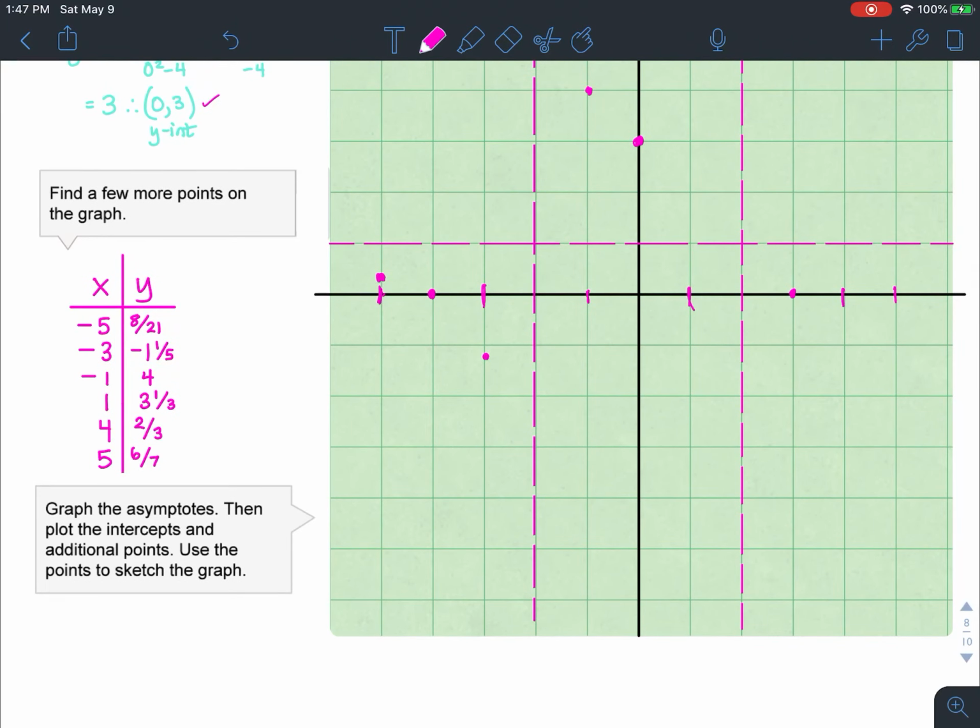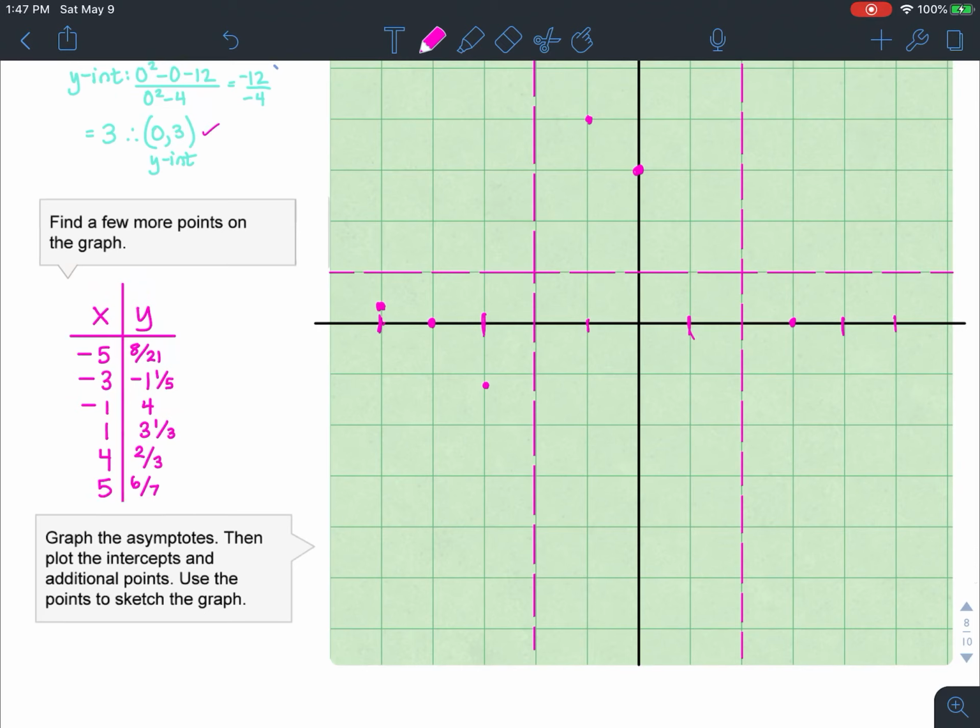Do you see, like, these points are all over the place? Like, you were never going to guess this. Neither was I. At +1, we're going up 3 1/3. I mean, look, it's not even symmetrical. Over 4, up 2/3. Over 5, up 6/7. So just, you know, like less than 1.